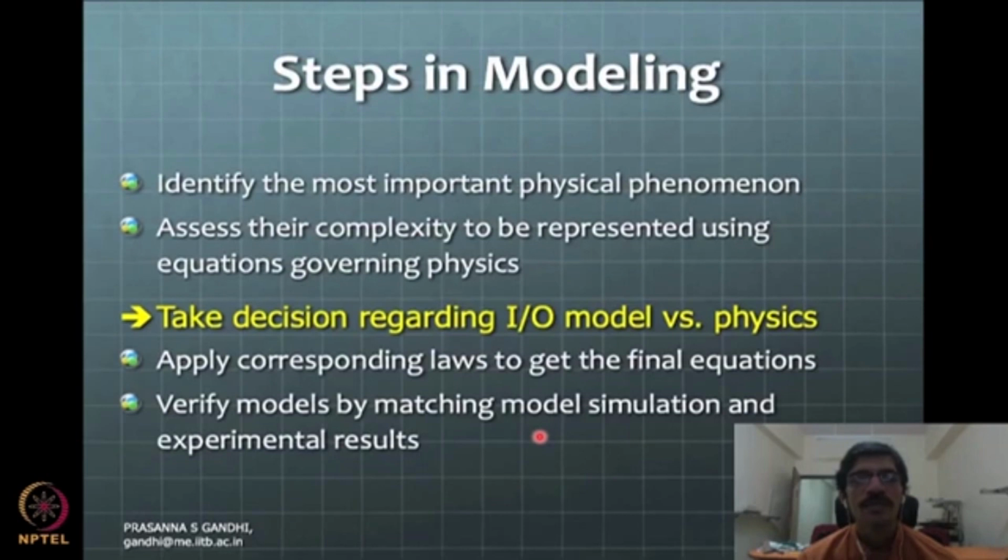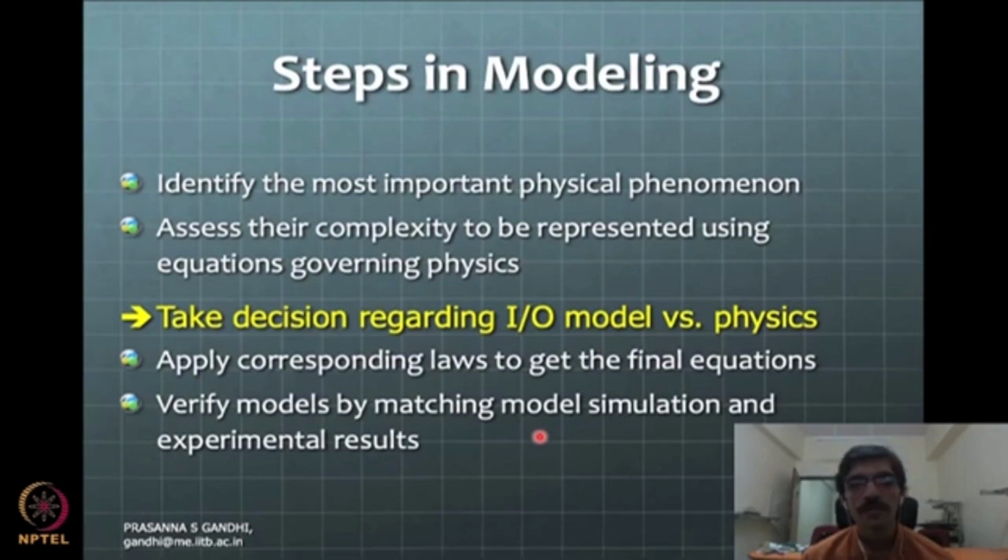These are the typical steps in modeling. First, as we mentioned earlier, identify the important physics of the phenomena. You may do this step in a somewhat iterative way, or if you are experienced, you may directly know that this will represent the physics of the model very well.